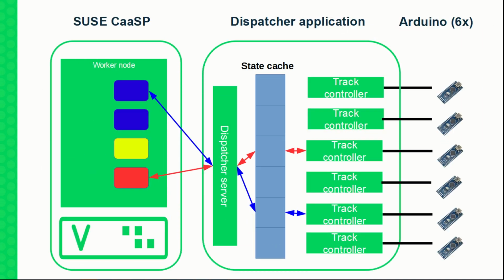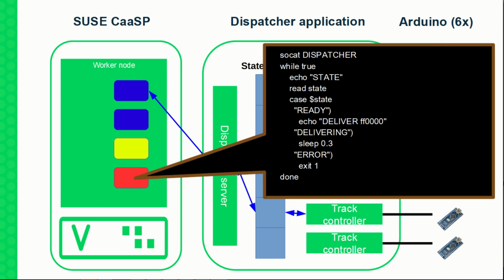Now let's move to more details of how everything is communicating. On this slide you can see we have a worker node with several containers running on top of it. Then we have the dispatcher application running on the physical box, and then we have the Arduinos. The container is running the code you can see in the box.